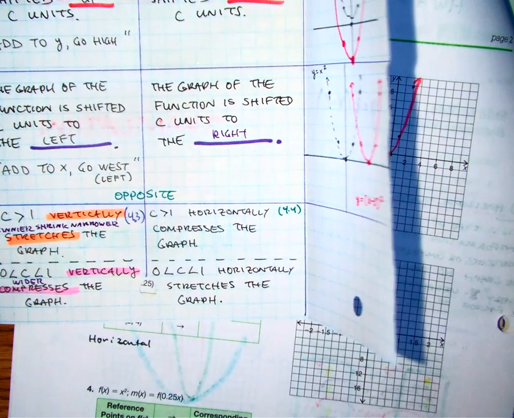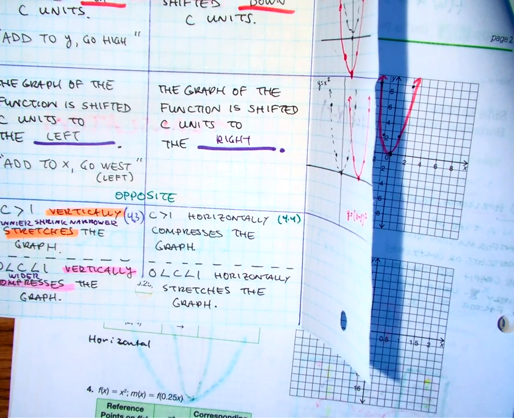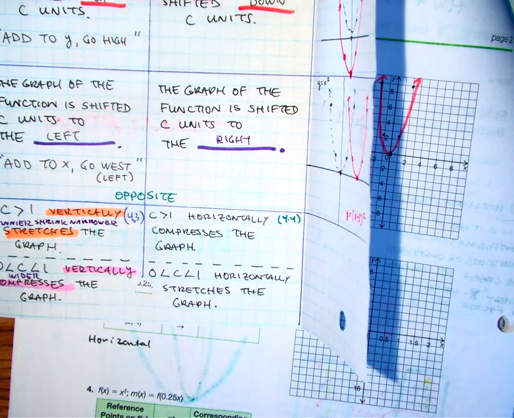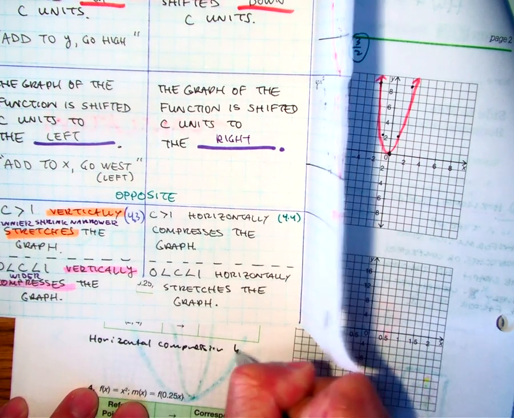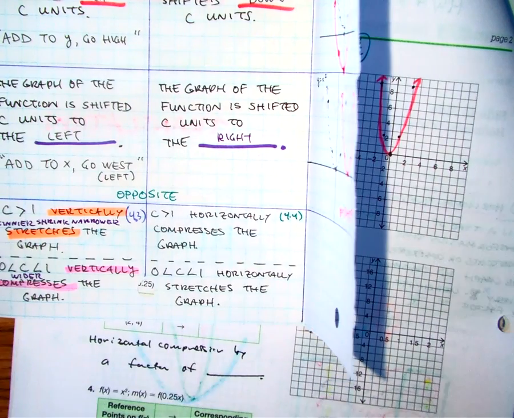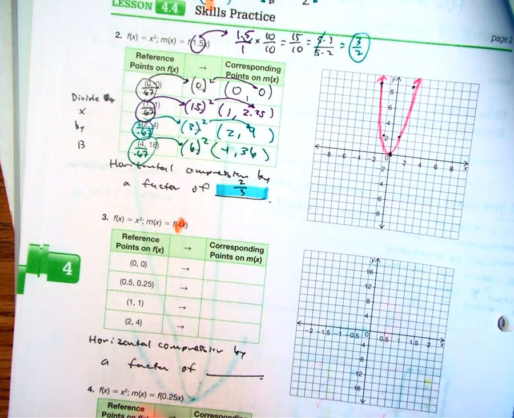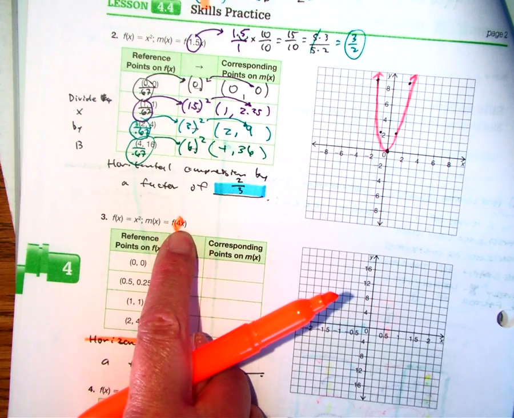So what does that mean? Horizontal compression by a factor of blank. So the horizontal compression you actually just get by taking that number right in front. Okay?